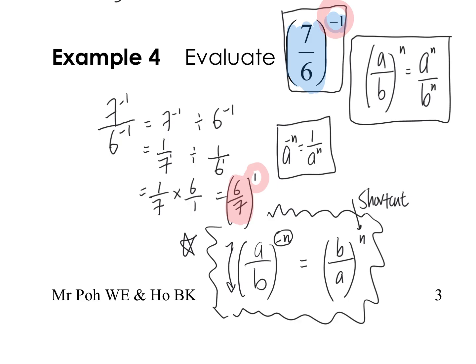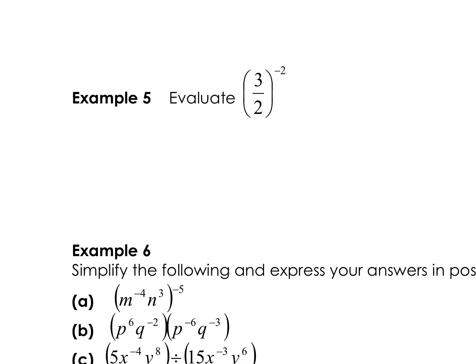Okay, so here, this one, same thing. If you have a negative power, you can change it to a positive power by flipping the fraction inside. Can you see negative become positive? And then you flip the fraction inside. Technically, if they ask you to evaluate, you can straight away press the calculator and find the answer.